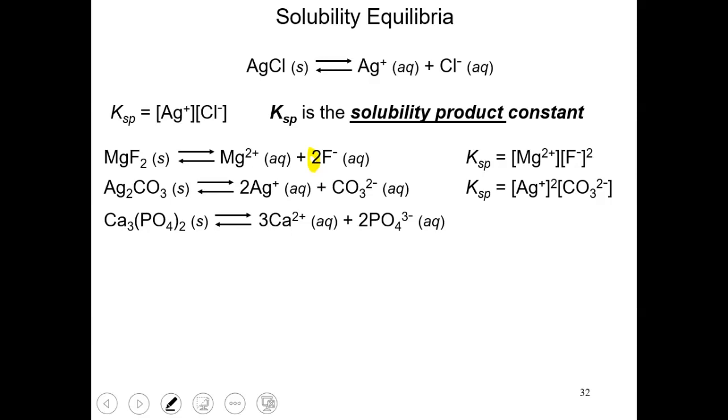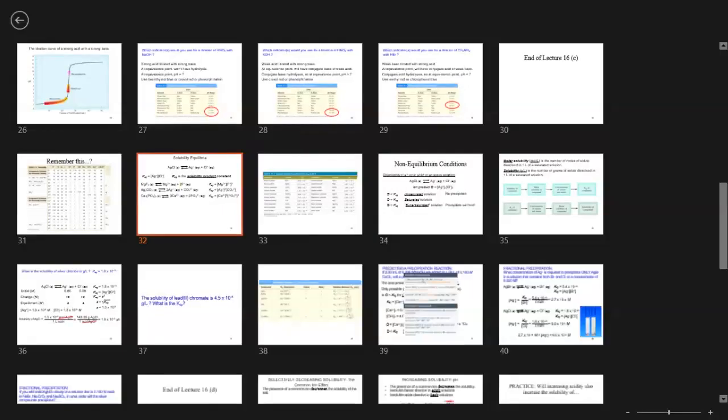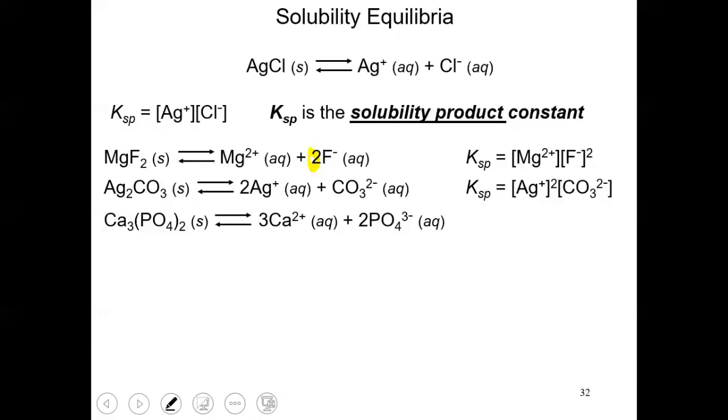Yep, that's right. We got some major exponents in here. So it'd be calcium cubed and phosphate squared, right?